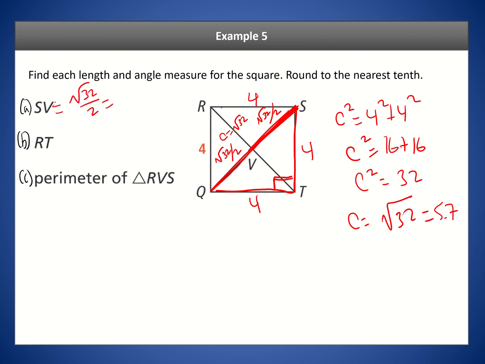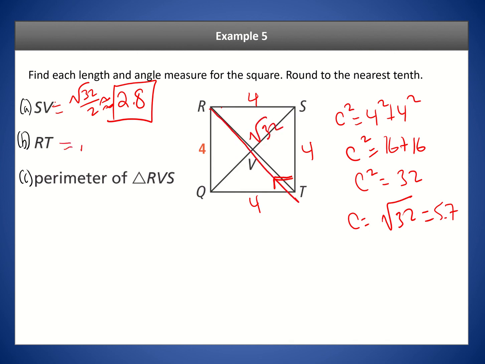Let's get that as a decimal number, which is about 2.8. Now RT is pretty straightforward because we already know that this whole thing is square root of 32, which means that this whole thing is also square root of 32. So that's it for RT, which is approximately 5.7.